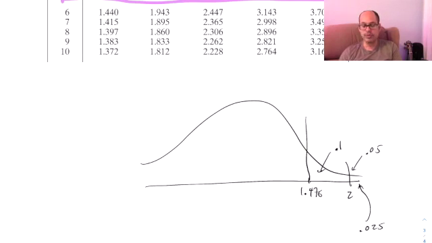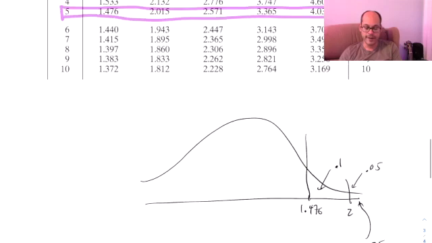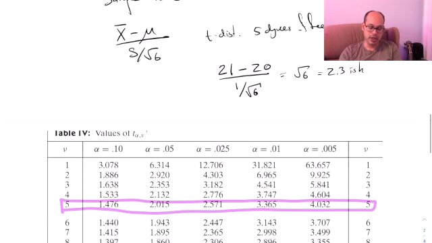Because it's 5% total, from -2 to 2 in the normal distribution. Okay, 0.025 on either side. So you can see the tail here is about twice as fat when you're 2 out than it was for the standard normal.